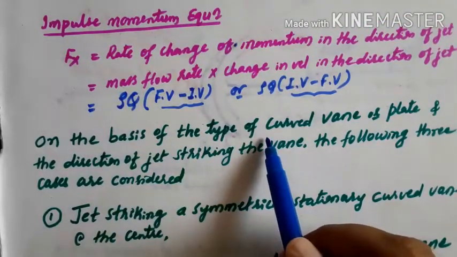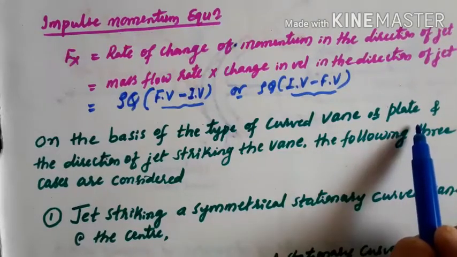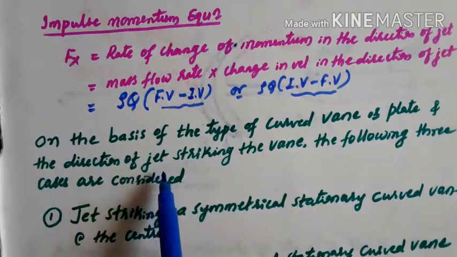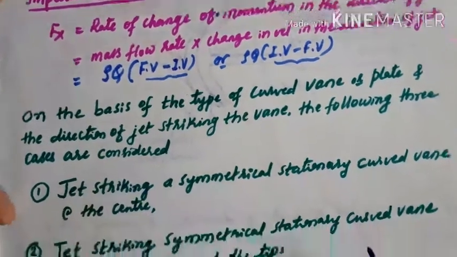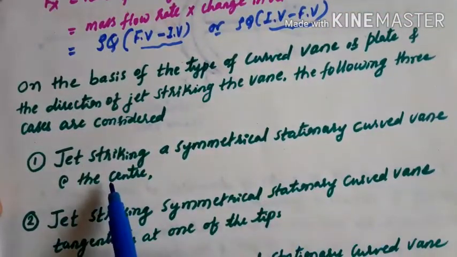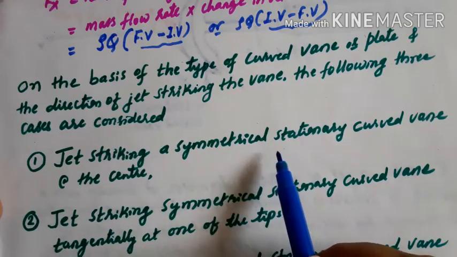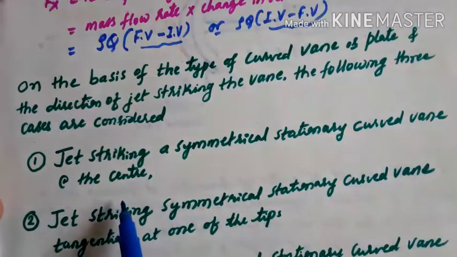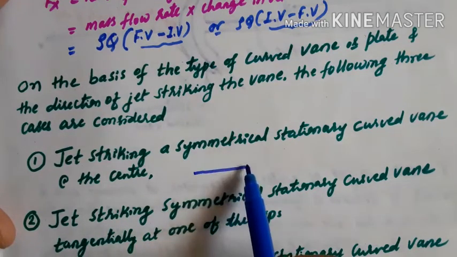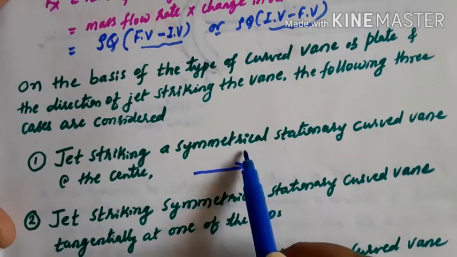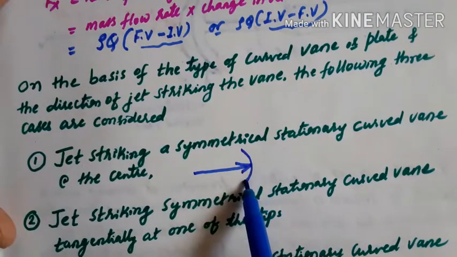On the basis of the type of curved vane or plate and the direction of the jet striking the vane, the following three cases are considered. What are those cases? First, the jet striking a symmetrical stationary curved vane at the center. That means the jet is coming in this direction and hitting the curved vane at the center.